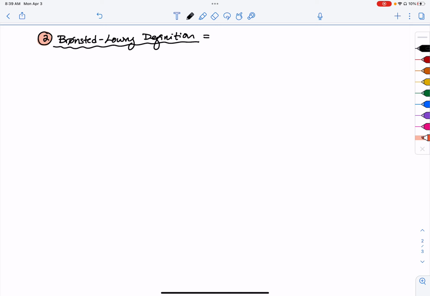So the Bronsted-Lowry definition of acids states that acids are proton donors in some kind of reaction.